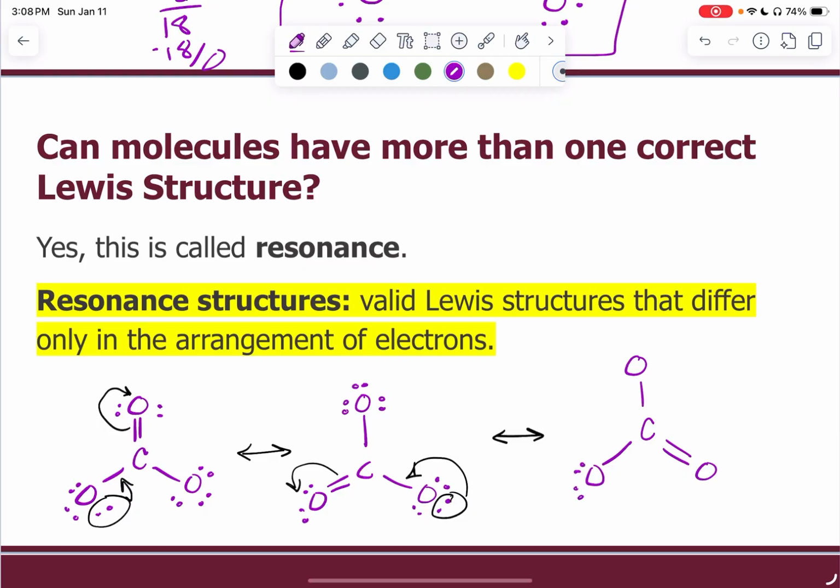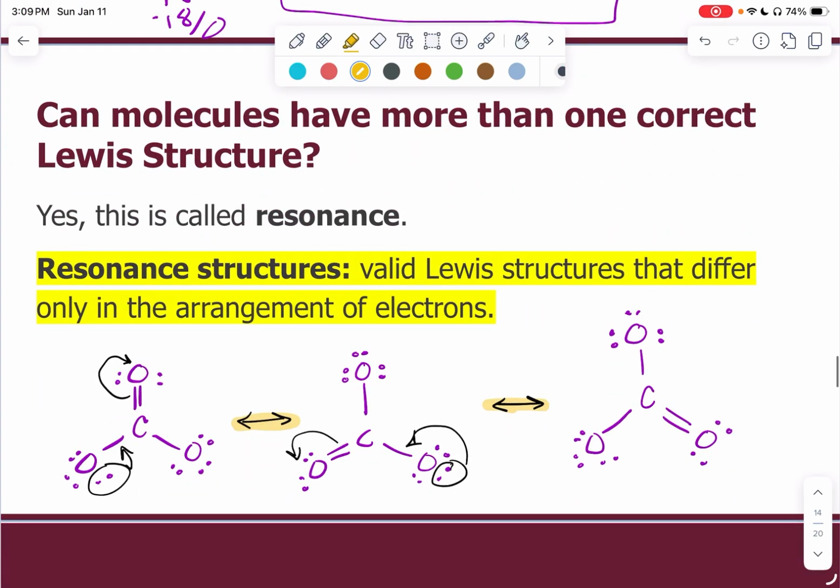Okay, so these are sometimes represented with these double arrows here that I have in the middle, because you can kind of imagine that the molecule is in a state of flux. The electrons can move around in between these oxygen atoms, and their average location is the picture that we draw sometimes. All right, so that is resonance.